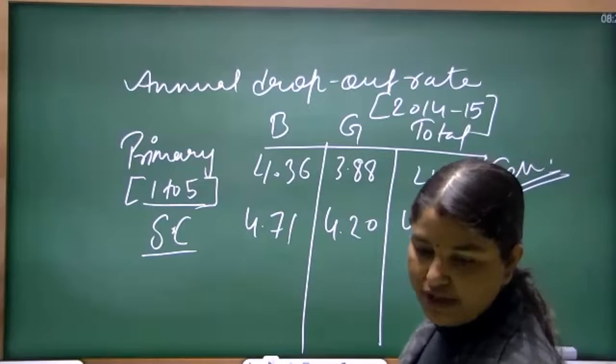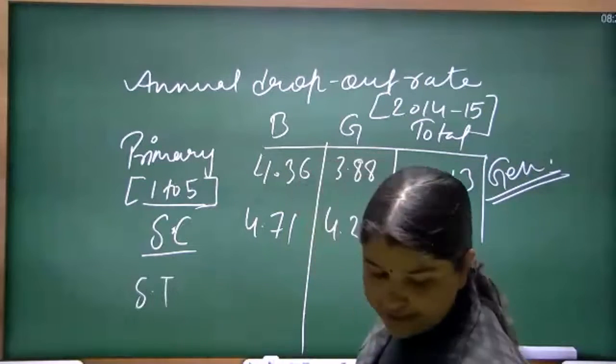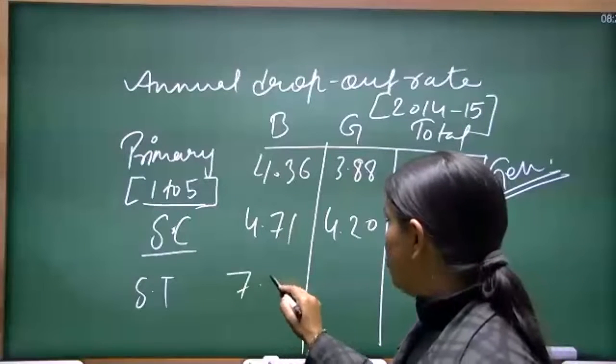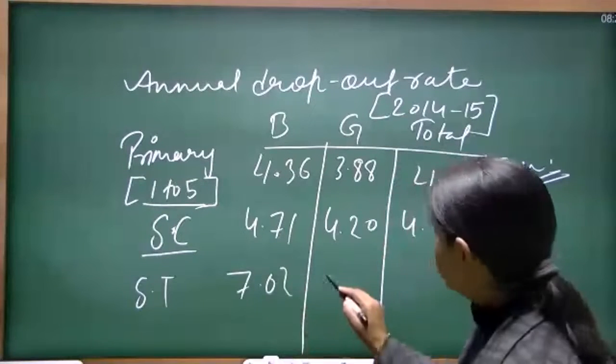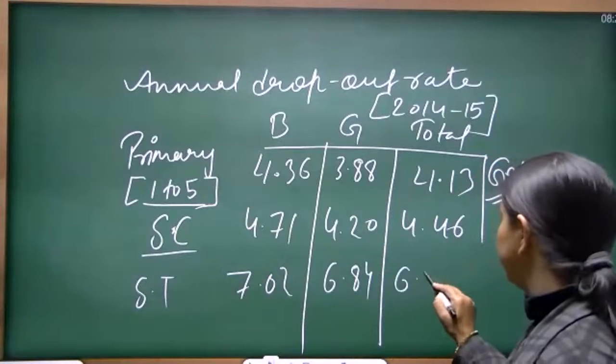And if you see scheduled tribes, it is 7.02, 6.84, and last 6.93.